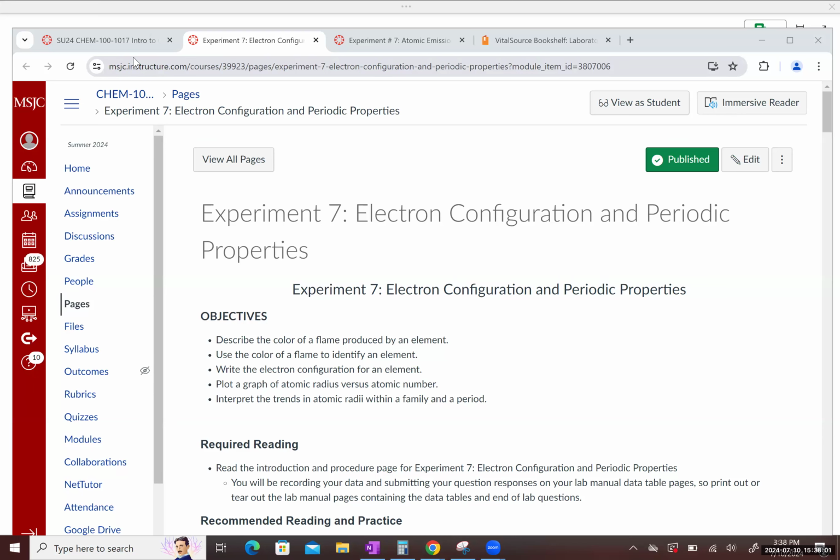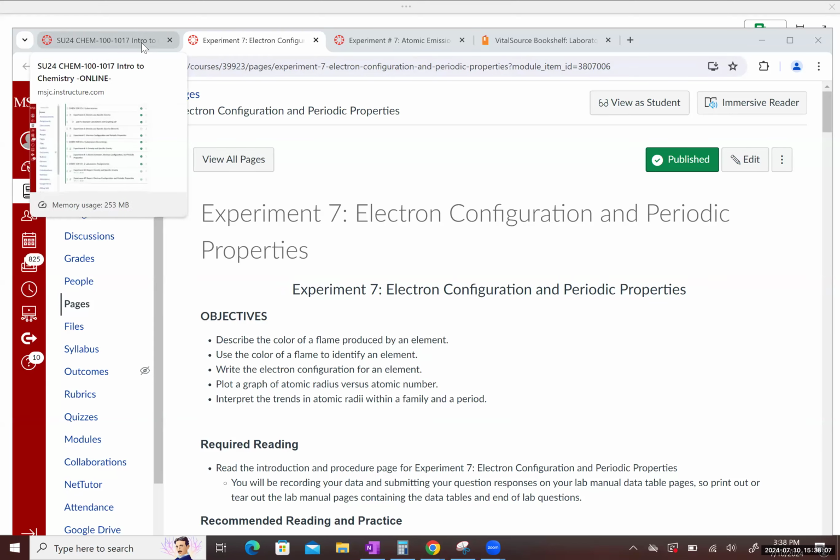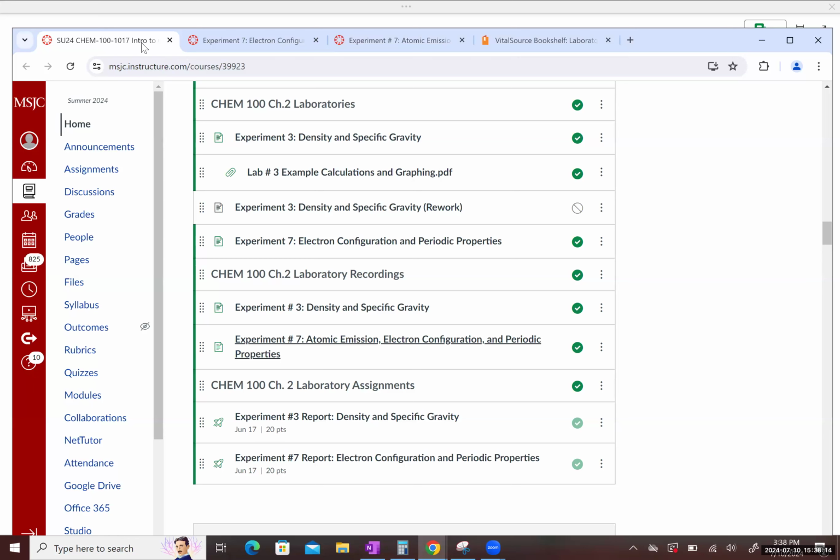So first and foremost, let's talk about where to find today's laboratory page and where to find the laboratory pages in your lab manual. In Canvas, Experiment 7, Electron Configurations and Periodic Properties, is found in the Canvas laboratory modules.